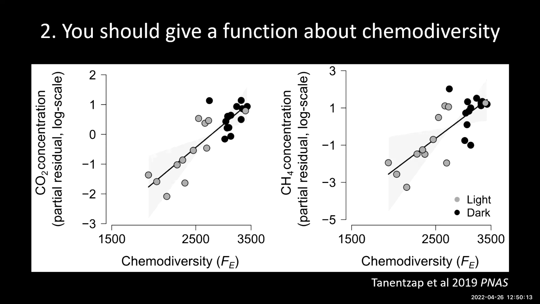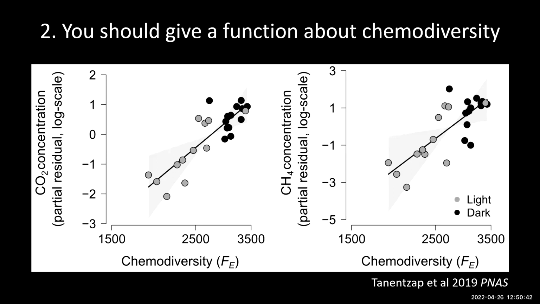So here we're plotting the CO2 and methane concentrations in relation to chemodiversity, and I'm showing you what are called partial residual plots. That's why these numbers look like that. It's a statistical technique where we've controlled for other reasons, at least in the visualization, for why the variables might vary, like the dissolved organic carbon concentration and the experimental lake.